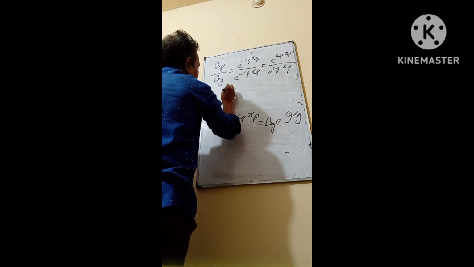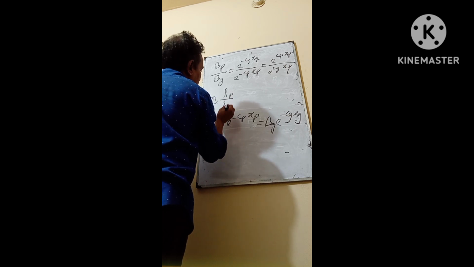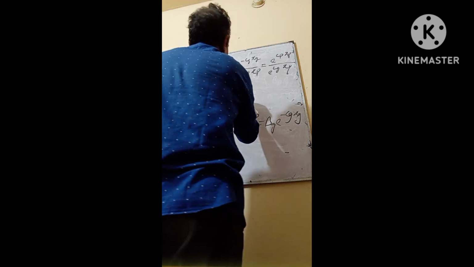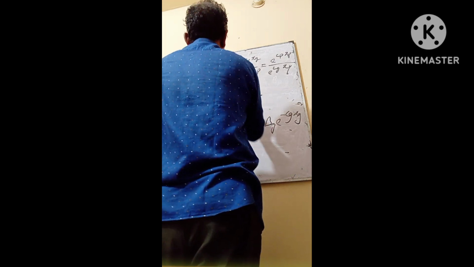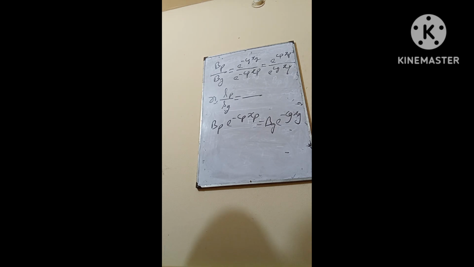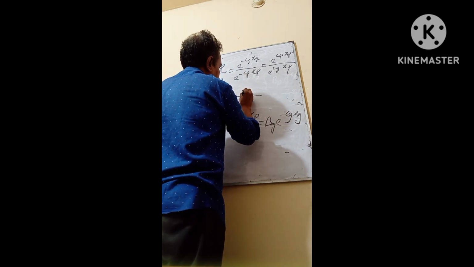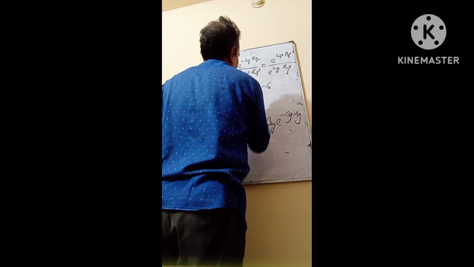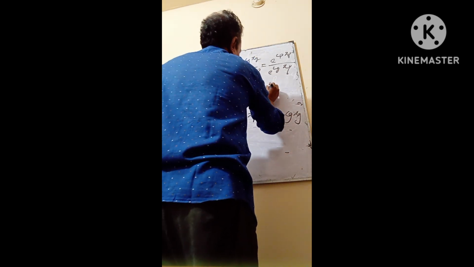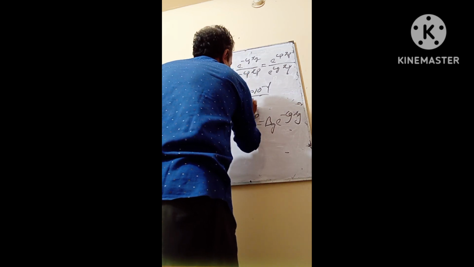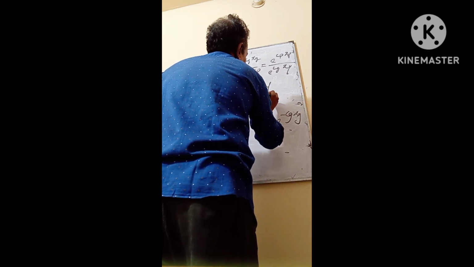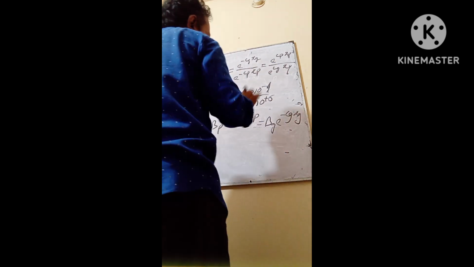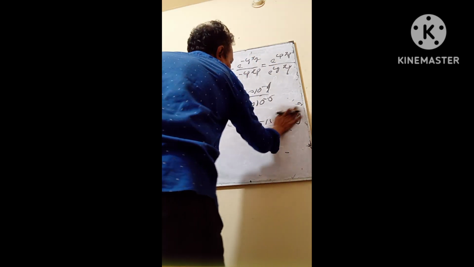BP is equal to lambda P, BZ is equal to lambda Z. And lambda P, the wavelength of photon, is 6 into 10 to the minus 6, and lambda Z is 6 into 10 to the minus 6.